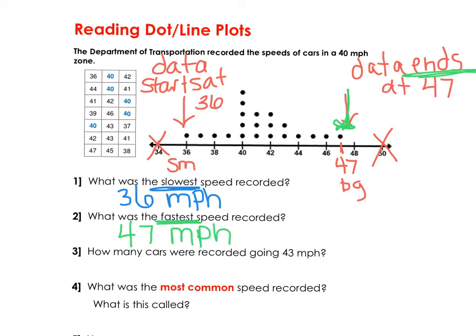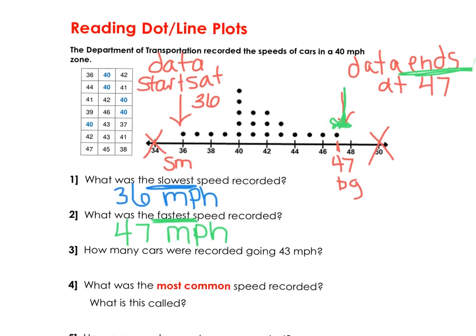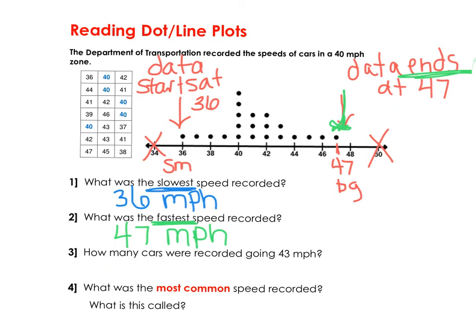All right, now let's look at number 3. It says how many cars are recorded going 43 miles per hour. So remember all these little dots here, each dot represents a car. So I'm going to write that. Each dot represents a car.